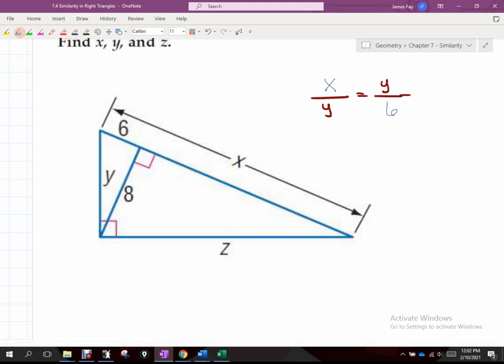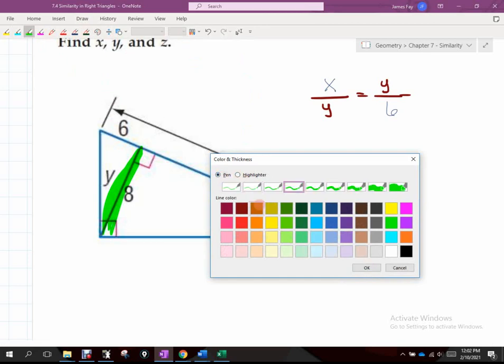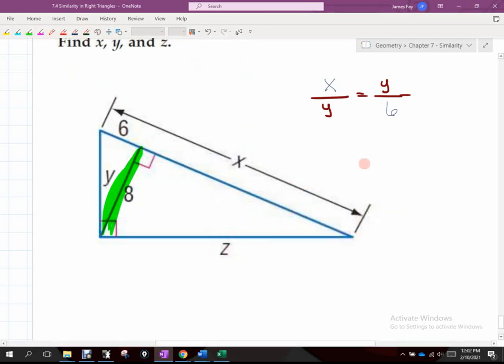So I'm going to go and look at this here. That's my other geometric mean. So this is where it's a little bit different than the problems we've done, because now in this next ratio, 8 goes in the geometric mean position.